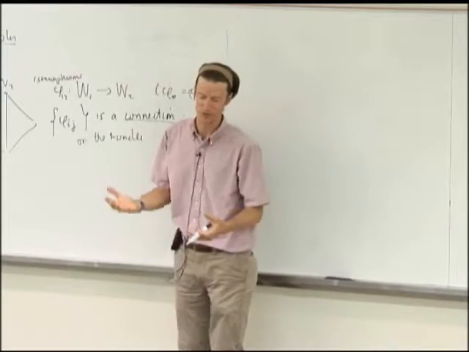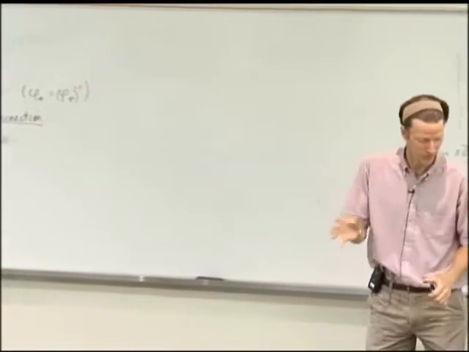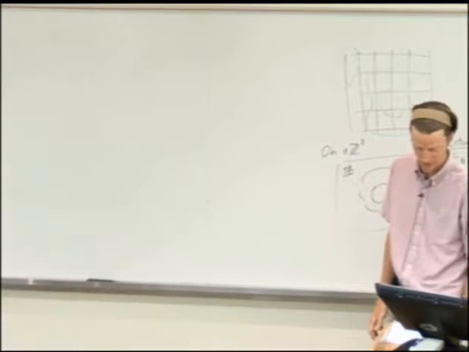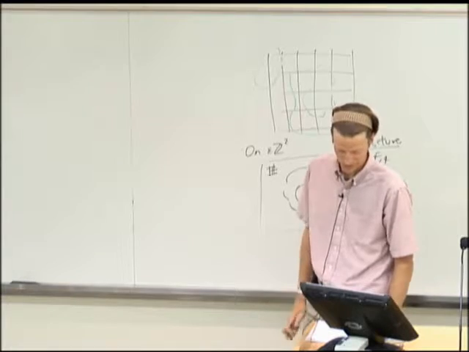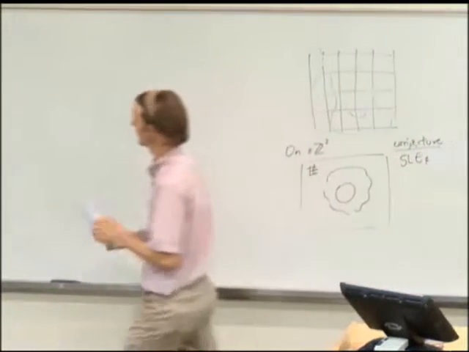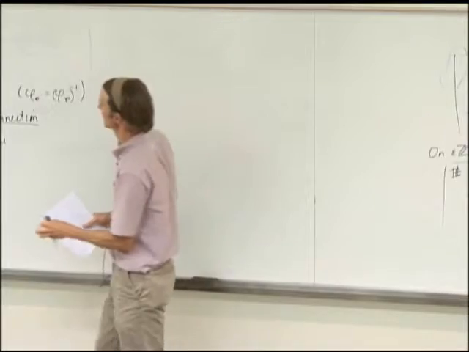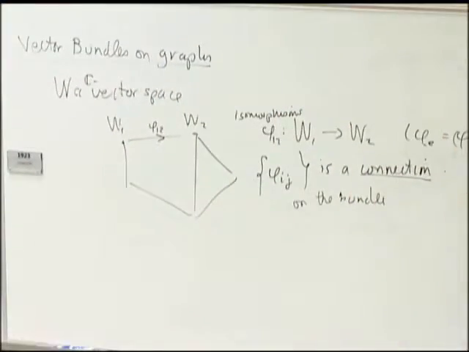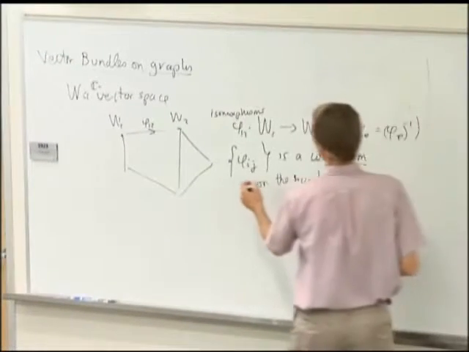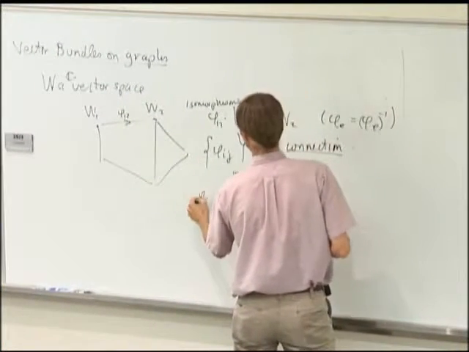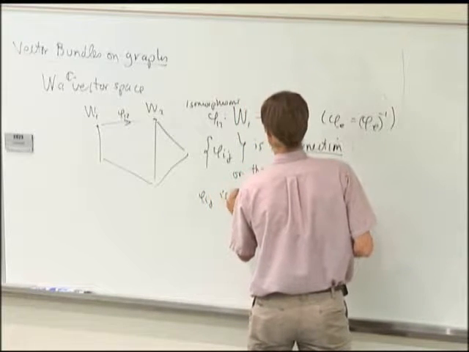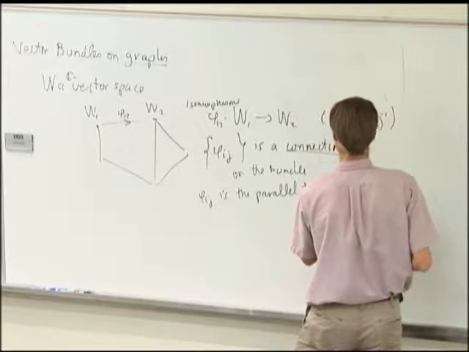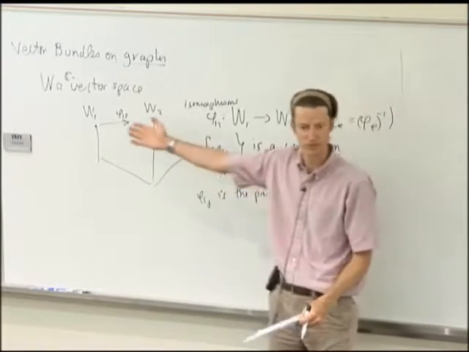And maybe you know that quaternions can be represented as 2x2 matrices, the rotations of the three-sphere. So you can think about it in those terms. Complex matrices, yes. These are in general complex vector spaces. All right, so these phis are called parallel transport, these isomorphisms. So phi ij is the parallel transport of vectors from vertex i to vertex j.